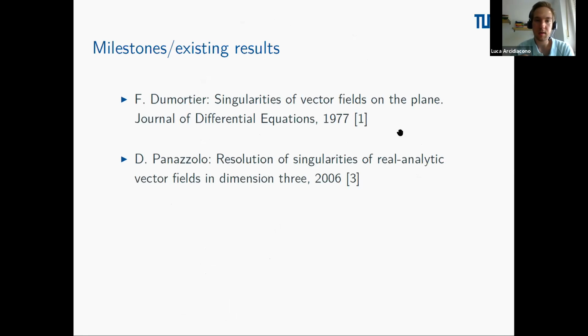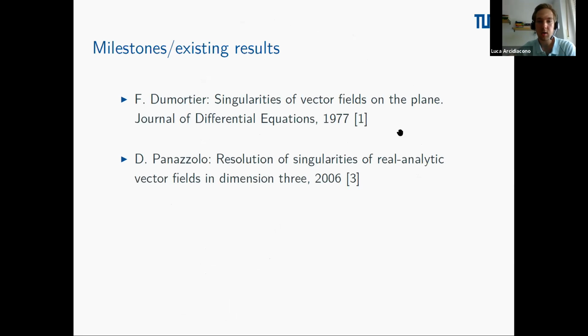So far the milestones in analyzing vector fields using the blowup methods are usually of the form that one can show that a finite amount of repeated blowups is able to completely desingularize some non-hyperbolic points.